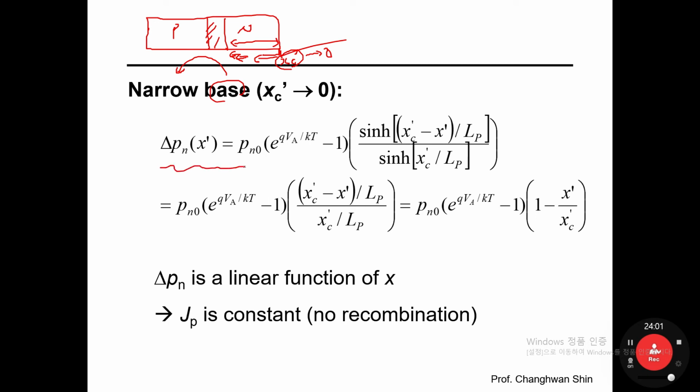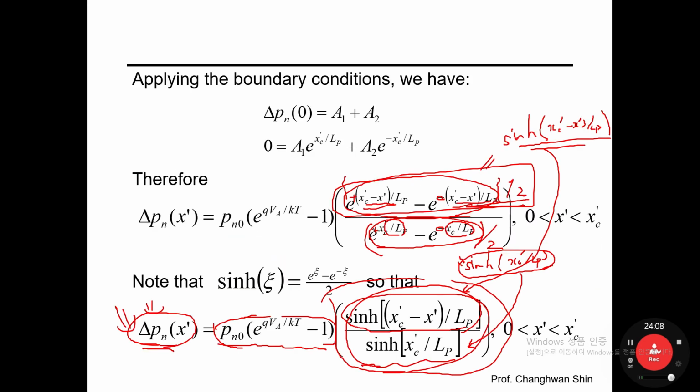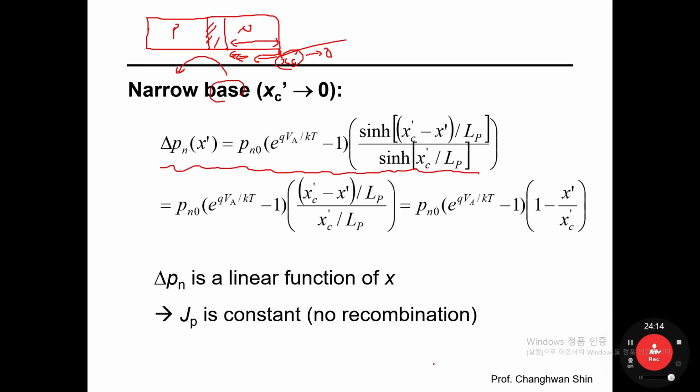So this equation is the same one as the equation shown in here. Yeah, this guy. I simply bring it into this lecture note, and if this xc prime, this guy and that guy, asymptotically approach zero, how to simplify the equation?